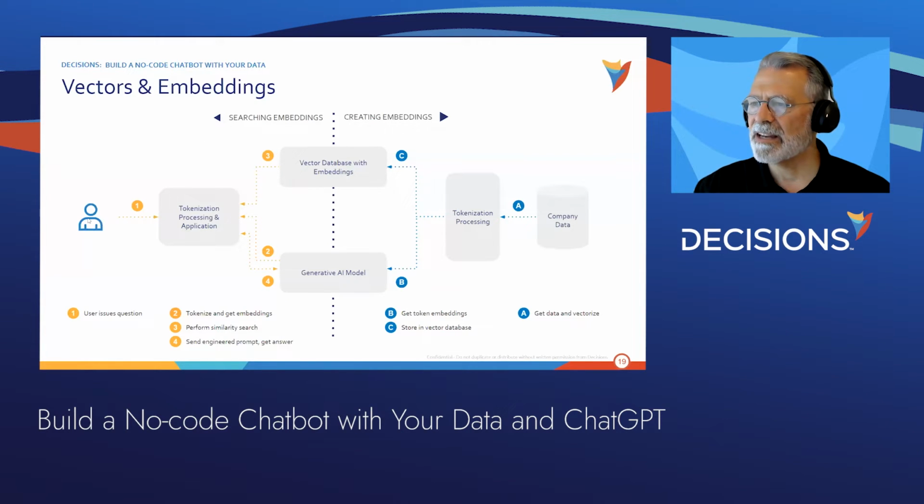On the left-hand side is the search process. So a user, for example, will type in a search. We're going to take that text. It's kind of the same process in reverse. We also pre-process that data, send it to the AI model to tokenize, right, and create an embedding. Then we send it to the vector database to search and find something that's close.